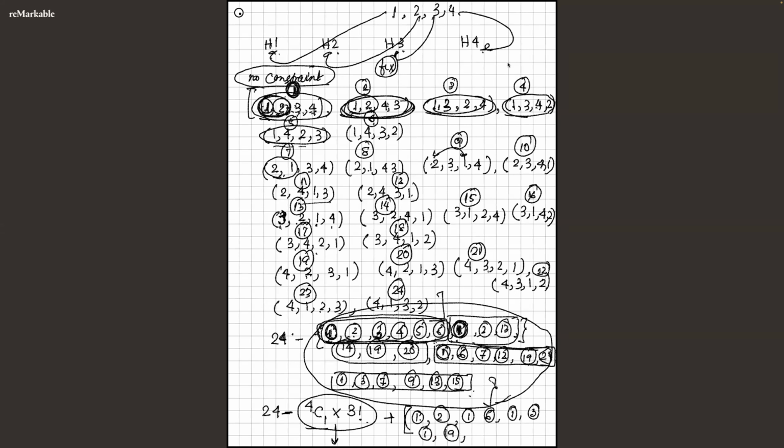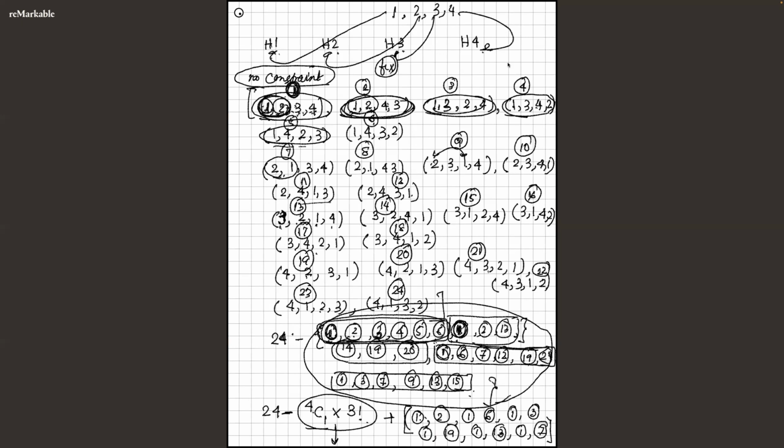And then B and D. 2 and 4. So it should be 1 and 13. 13 is correct. And then C and D. That should be 1 and 7. Good job. And that's all we can have, right?